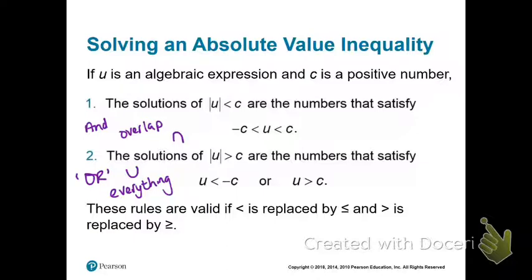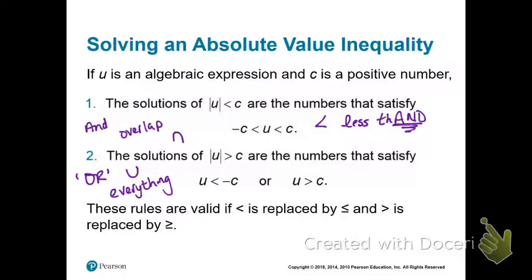Now, I use the inequality signs to help me remember which one is which. Remember that this symbol is really the less than symbol, but I'm going to call it a less than symbol because it's our and, okay?